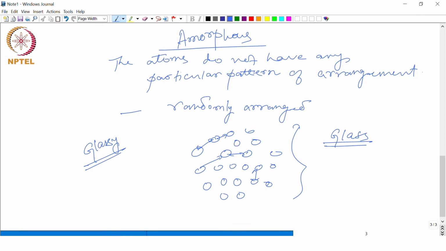So, in terms of the atomic arrangement or the crystal structure as we call it, solids are of two types. One is crystalline and another is amorphous or glassy.